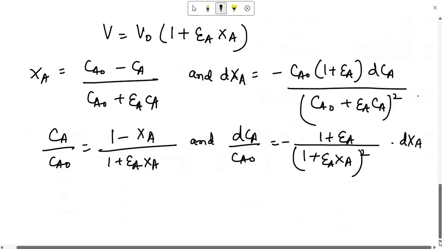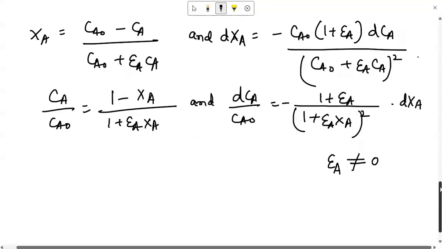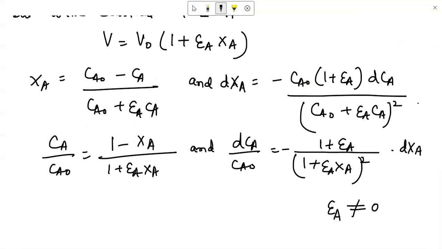And you remember, this is for epsilon A, or volume ratio, not equal to 0. So here a variable volume concept is associated.